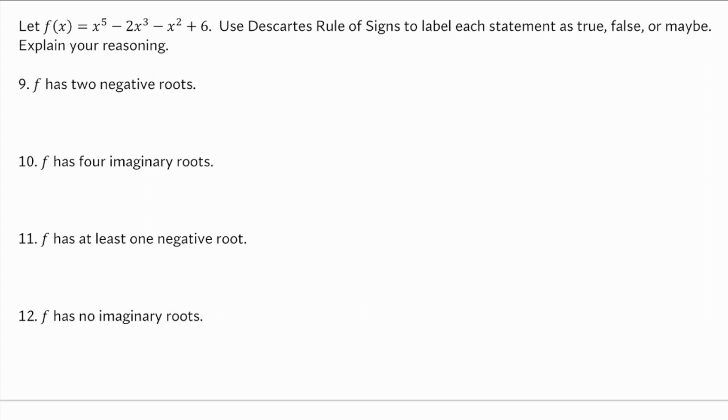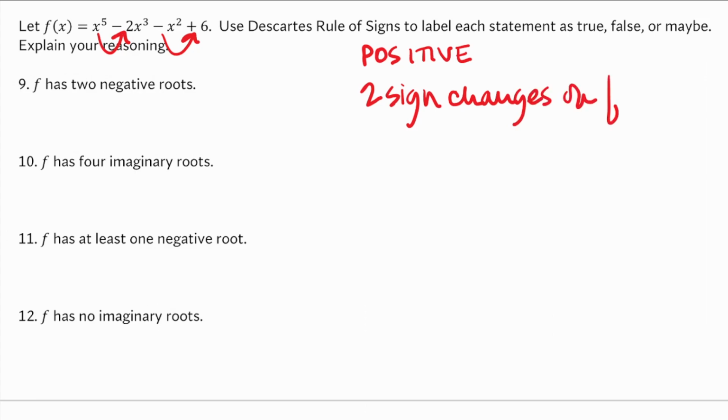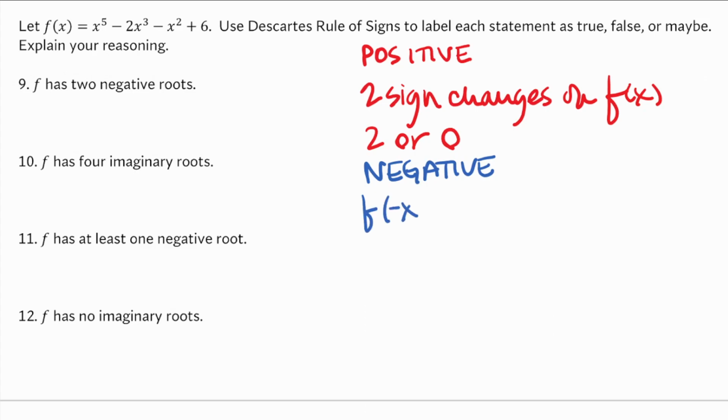All right, so this one is true, false, or maybe. Explain your reasoning. We're just going to do the Descartes rule of signs analysis off to the side. For positive roots, we've got f of x having 1, 2 sign changes. So that means we have either 2 or 0 positive roots. For negative roots, I'm going to write f of negative x.